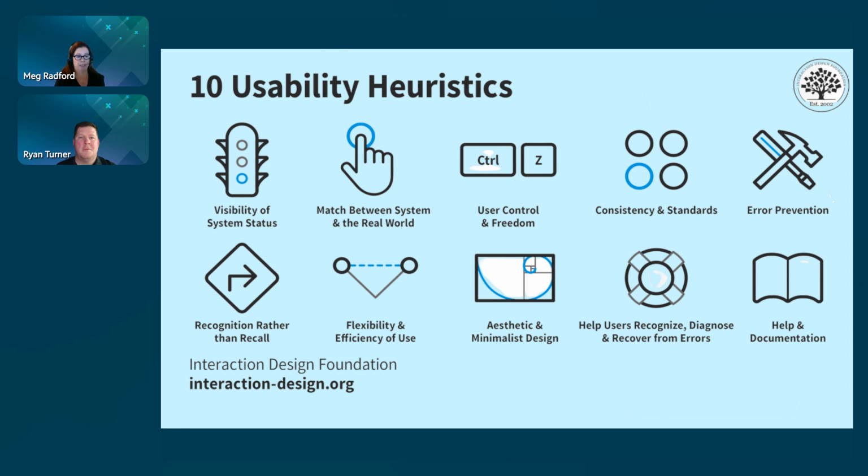In terms of visibility of system status, we want to ensure that users receive immediate feedback during setup, like progress indicators and confirmation messages, so that they always know what is happening. We want there to be a match between GrantsConnect and the real world.